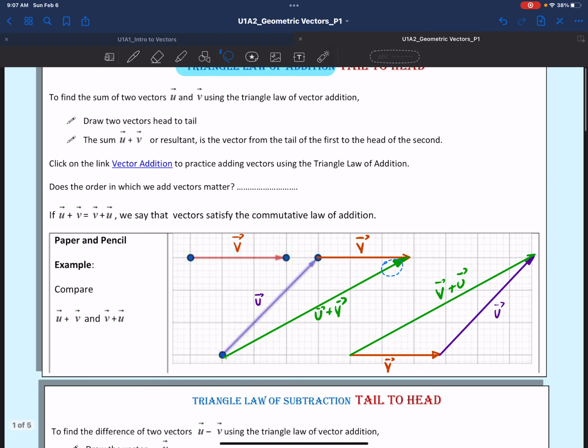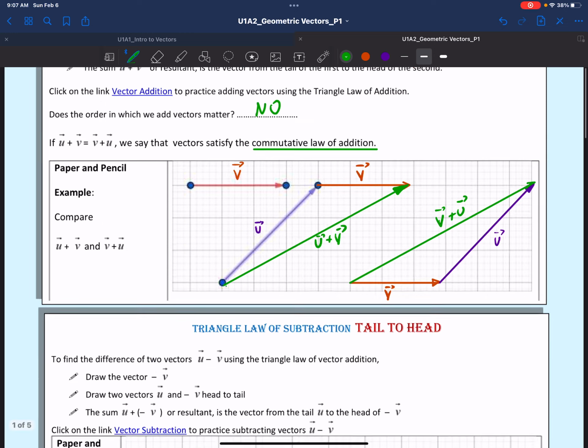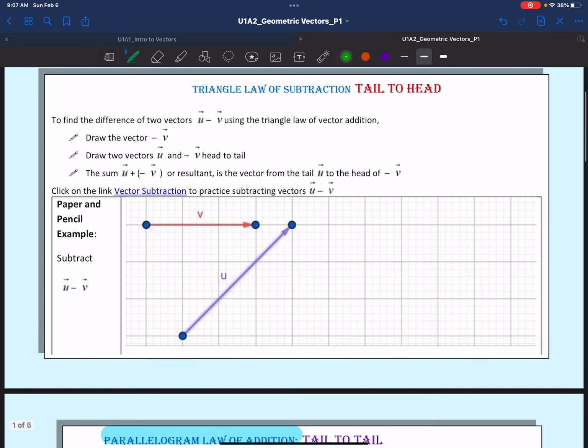So in this case, we're going to say that the order in which we add vectors, so u plus v or v plus u, does not matter. In this case, we're going to say that vector addition enjoys the commutative law. So in other words, this is what we call the commutative law of addition.